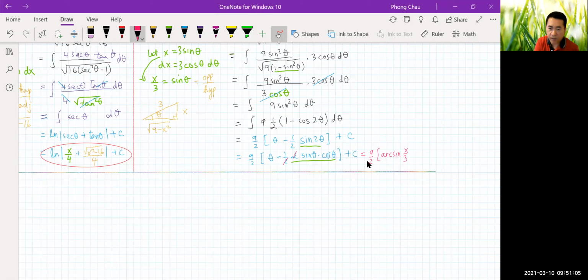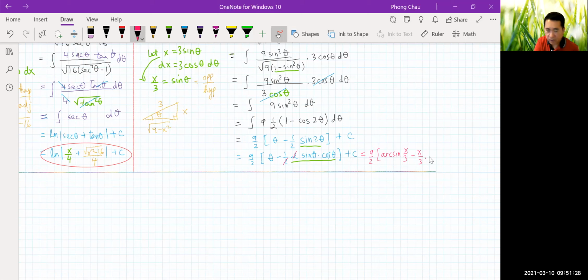So that is theta minus, what's the sine again? Sine is x over 3. So that is x over 3 times the cosine of theta. What's the cosine of theta? Well, cosine is the adjacent side over the hypotenuse.